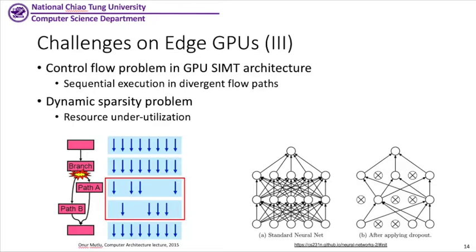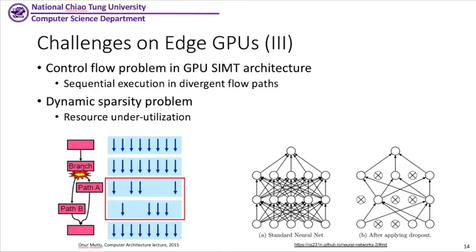Branch divergence on a GPU occurs when threads inside a warp branch to different execution paths. This control flow problem on the GPU increases the functional execution latency and reduces the SIMD utilization.